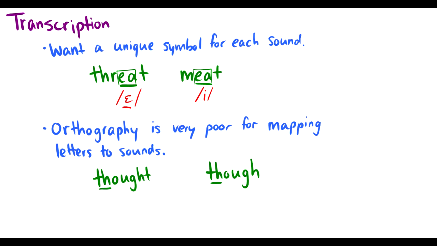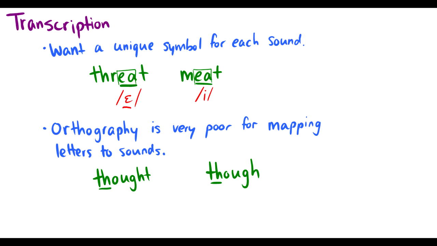And if you can read the phonetic alphabet, then if any other language is presented in the phonetic alphabet, you should be able to pronounce the words flawlessly. So that's very cool. And of course we need this because English orthography is terrible for mapping letters to sounds. Other languages, not so much, but it's good to have some sort of universal alphabet that we can all understand.